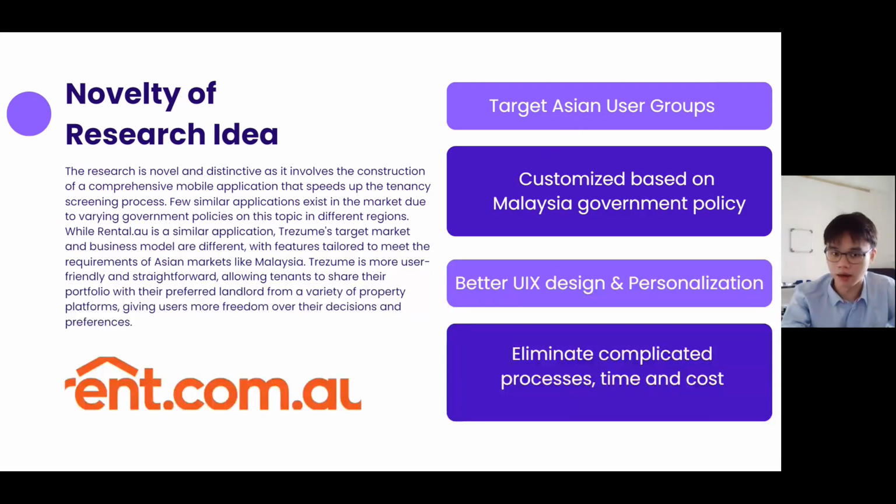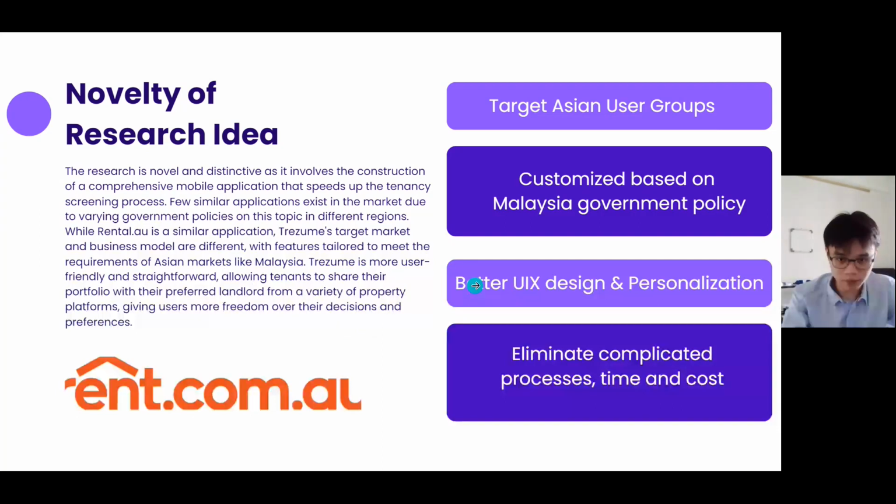I will take a few examples from rent.com that you will see later on, and I would like to mention that our software is more specific to Asian user groups. We customize based on the local Malaysian government's policy: what information should we collect, and what things shouldn't we collect? Different countries have different policies.